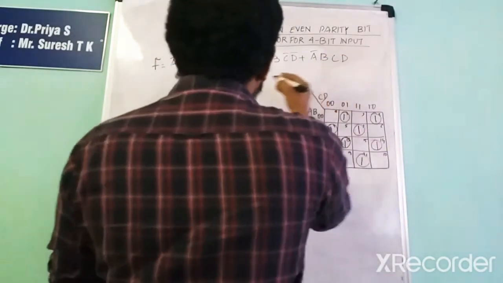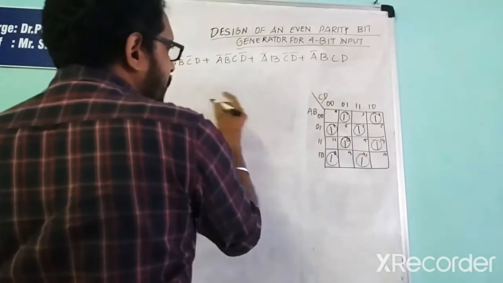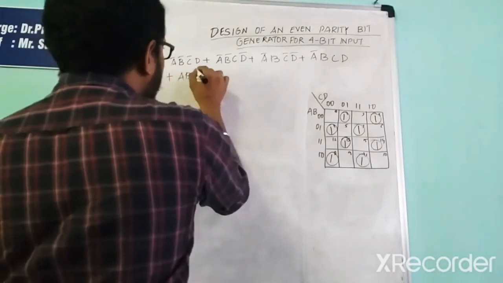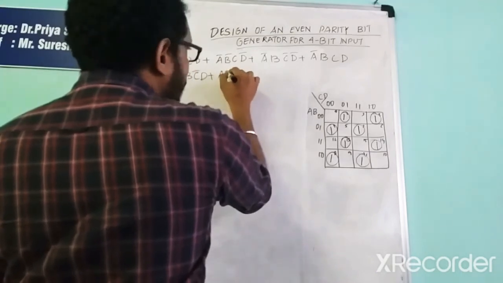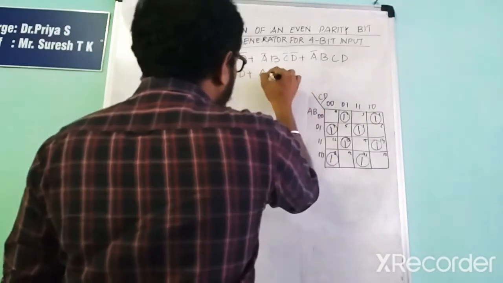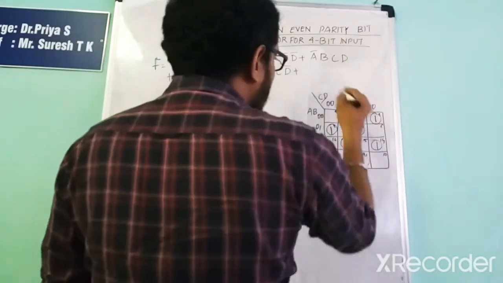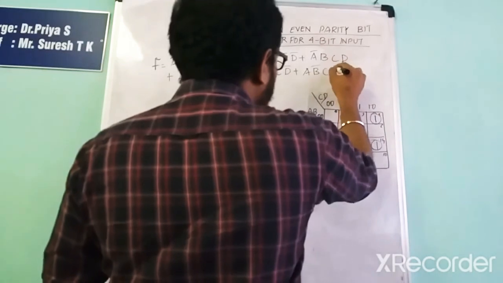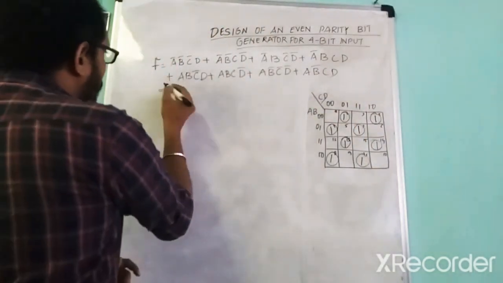Next is a b c bar d plus a b c d bar plus a b bar c bar d bar plus a b bar c d. Okay. Next is taking common terms.